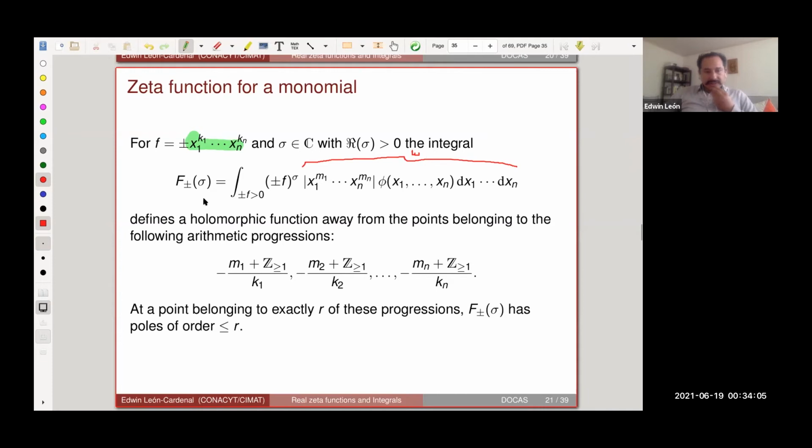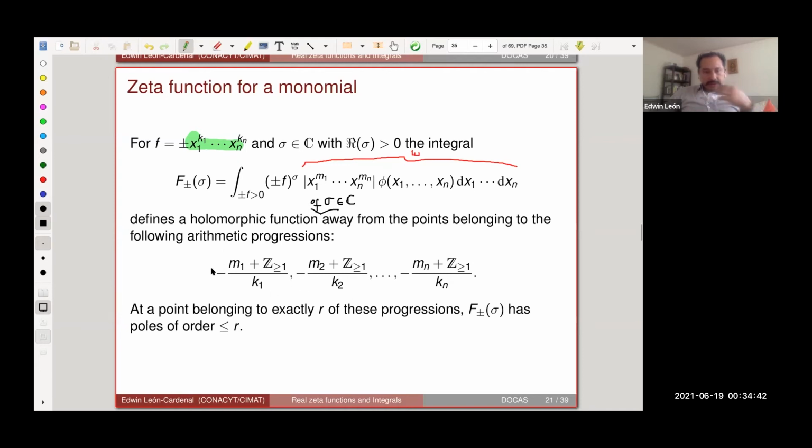Okay, so this result says that this function defines a holomorphic function, as I'm considering this as a function of the parameter sigma, which is a complex number. This function will be holomorphic away from the points belonging to the following arithmetic progressions.